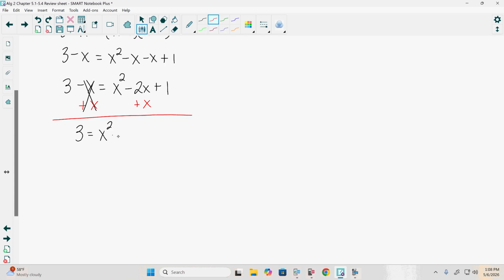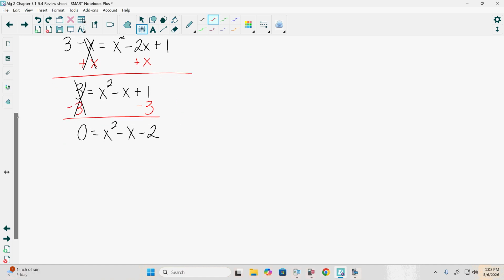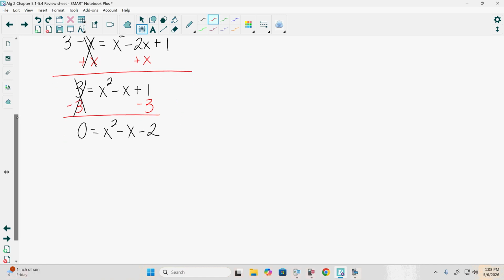First thing I can do is add x to both sides. I could have also subtracted 3 first. It doesn't matter which. Whichever one I don't do first, I have to do it next. And once I get this equation equal to 0, we get that 0 is equal to x squared minus x minus 2.